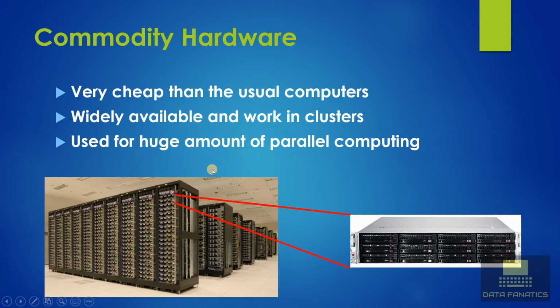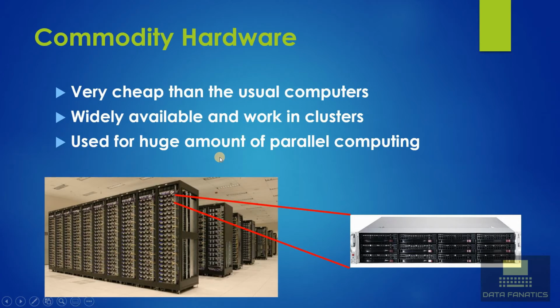Here we are talking about many GBs or maybe a few TBs of data. That's a huge amount of data and you can just keep on increasing it. There is no limit to how much data you can handle, or limit to commodity hardware. You just keep increasing the clusters, you just keep increasing the racks and you can increase the computing, increase the storage, whatever you want. So that's the advantage of commodity hardware here in Hadoop.